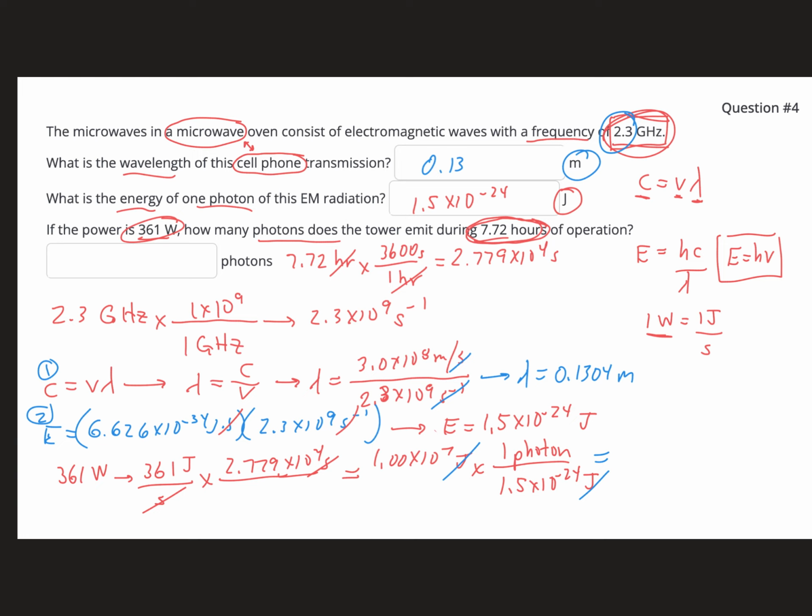And yeah, we get a huge number of photons. I would say 3 significant figures in this case, based on the power and the hours, so something like 6.69 times 10 to the 30 photons would be needed to make up this energy.